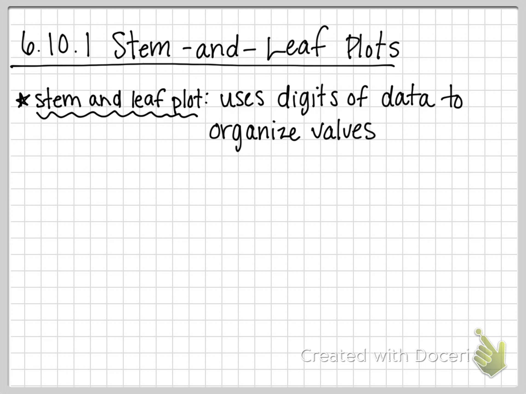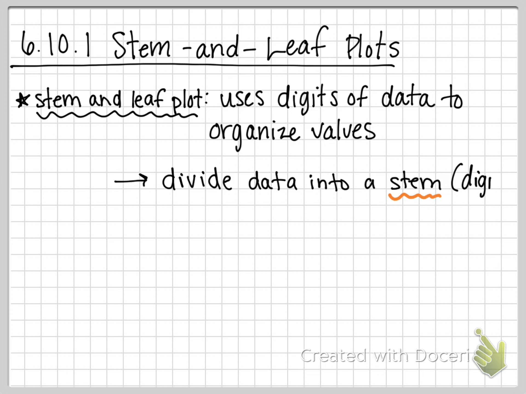in the data set. So with a stem and leaf plot, we break the data, divide data into a stem, which is going to be the digit or digits on the left.